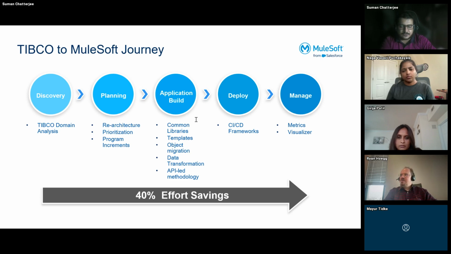Now, you have to understand this TIBCO domain, and to help you understand that, TIBCO provides something called an app manage extract.